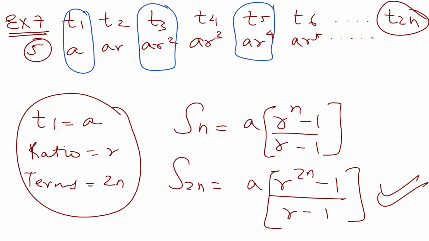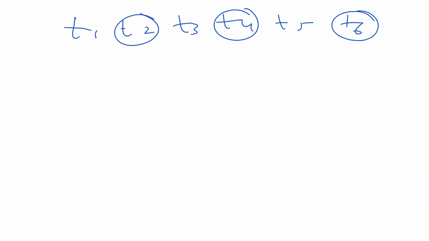So see guys, if there are 6 terms, T1, T2, T3, T4, T5, T6, there are 3 even terms and 3 odd terms. So if the total number of terms are 6, how many odd terms are there?